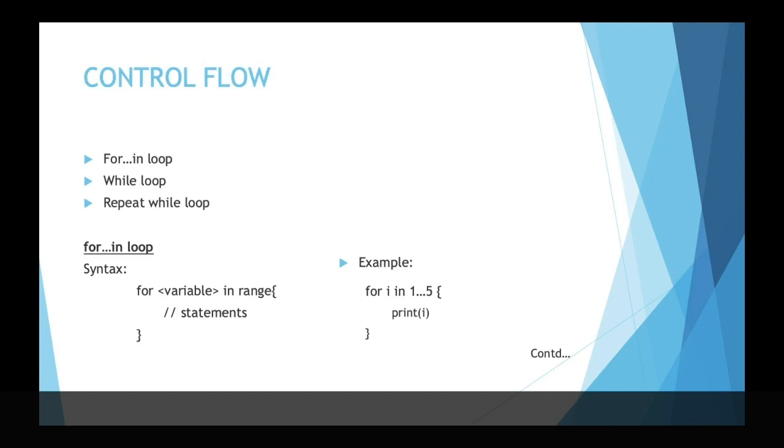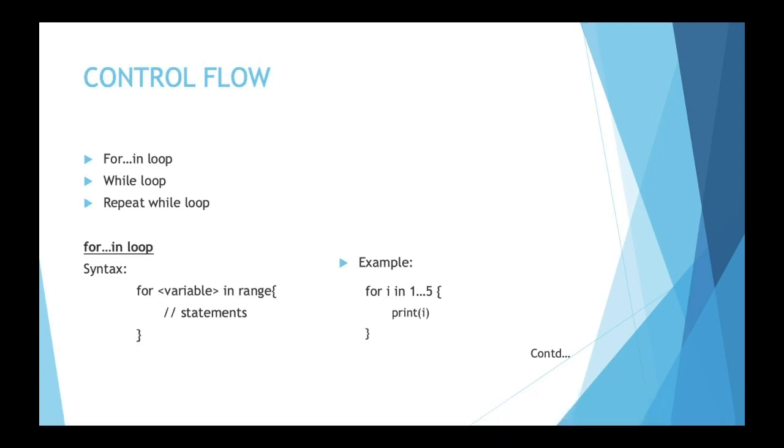Next we have control flow. Control flow means loops. Here we have a new loop, for in loop. The syntax is for variable name, in keyword, then range. This is something new here. So as an example, we can see for keyword, variable name i, in 1 to 5. 1 to 5 is the range, and i is the variable in which this range is initialized 1 by 1.